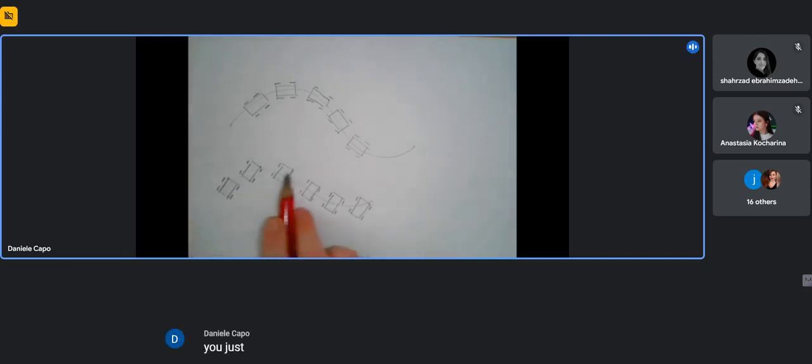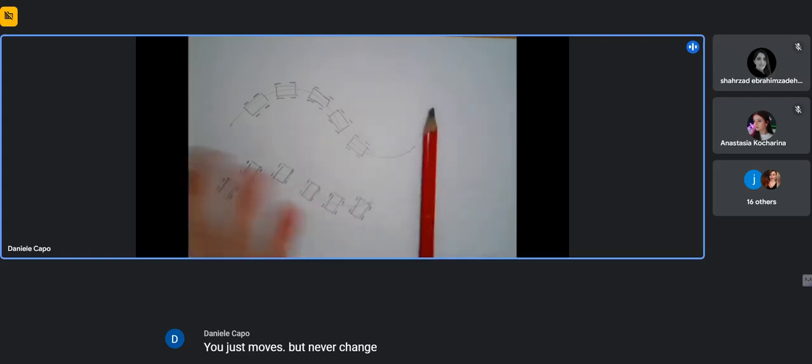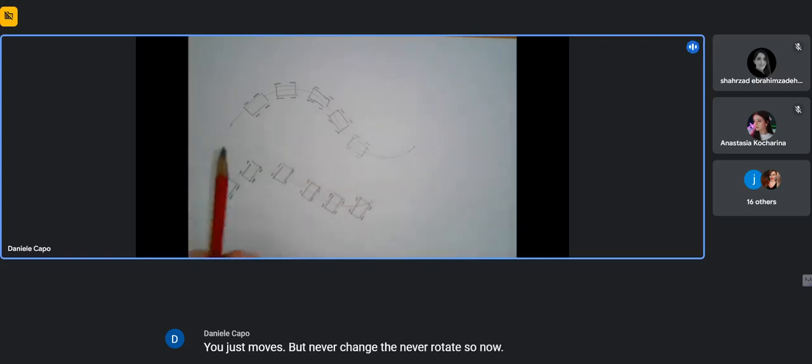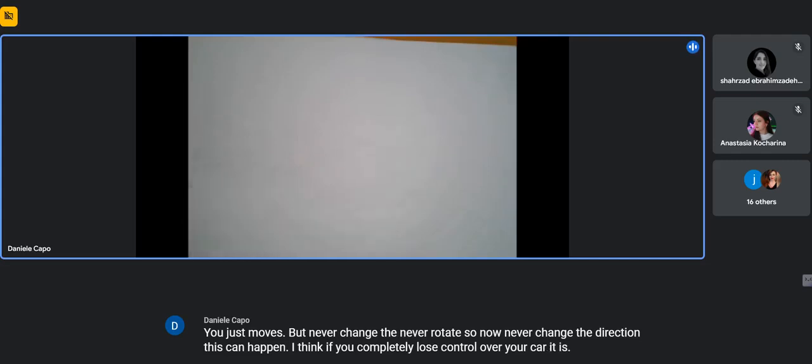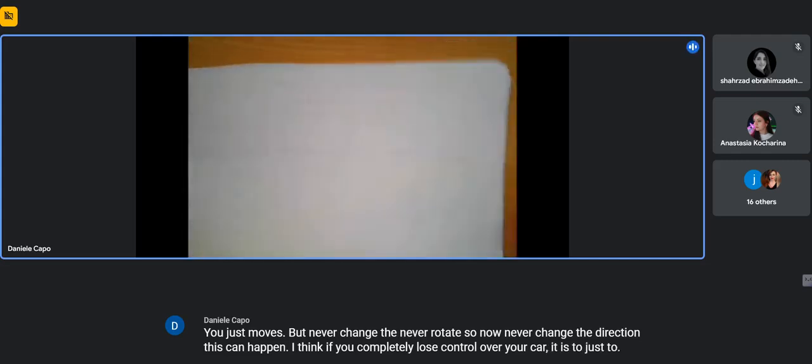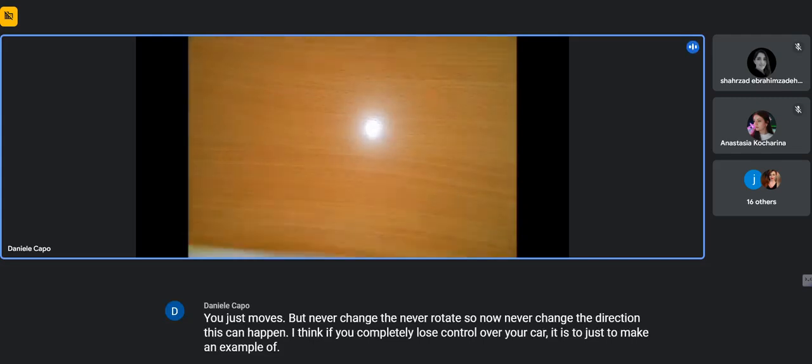It just moves, but never rotates. So it never changes direction. This can happen, I think, if you completely lose control of your car. It is to make an example of this idea of translation, movement without rotation.